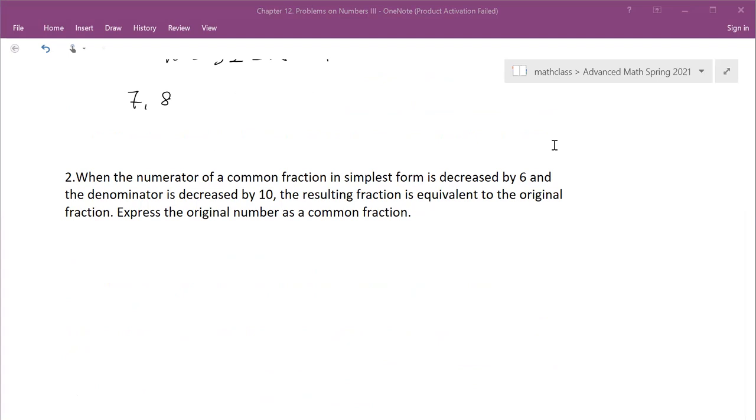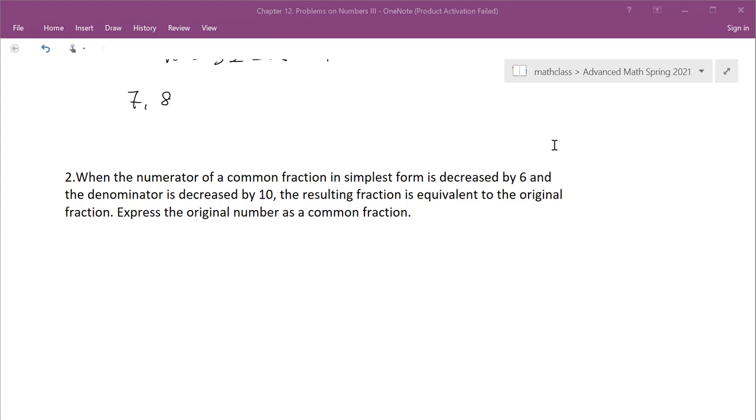So what is the original number, as a common fraction? Maybe there's only one solution, maybe there are two solutions. And we do not assume this fraction is a positive number, maybe negative, right?